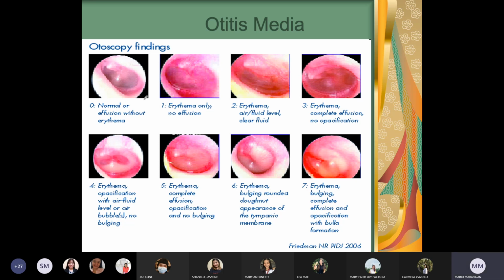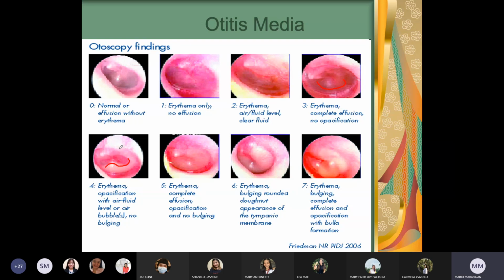So what is the normal color of your tympanic membrane? Pearly gray, no? Pearly gray. So, erythema only, no effusions. Erythema with air, fluid level, but clear fluid. Ito mapulang-mapula na. At mabintog na siya, meaning may tubig yan sa loob, may effusions. No? So, kita nyo dito, meron ng parang paltos.